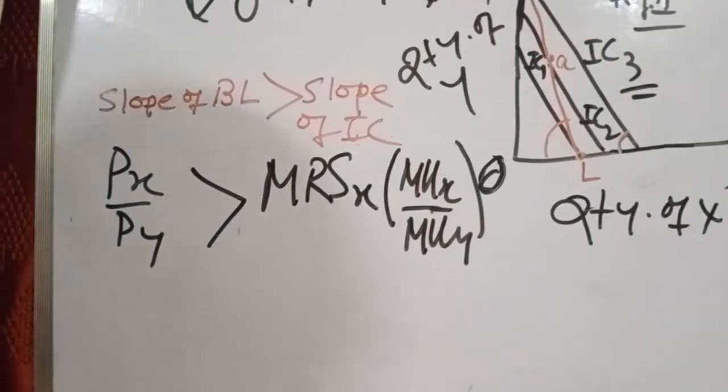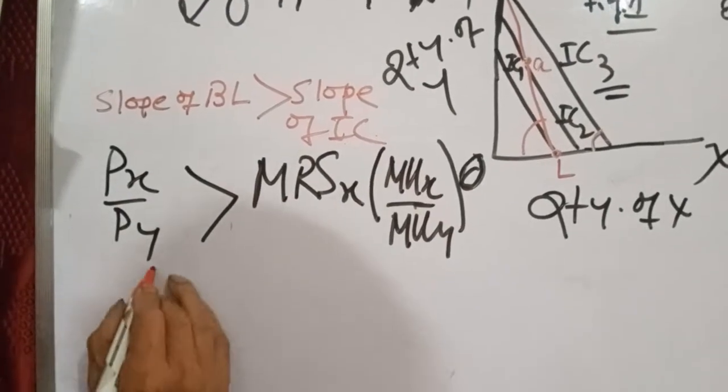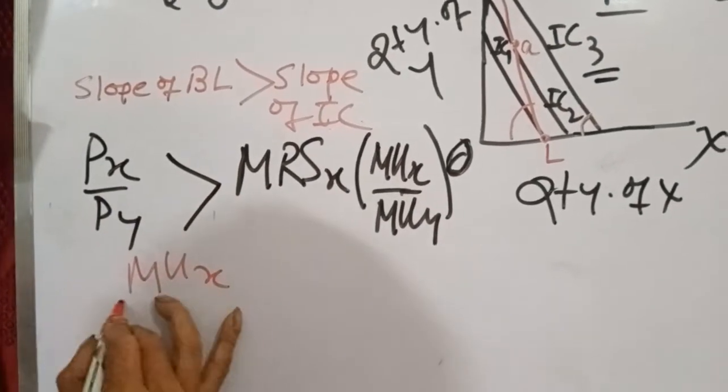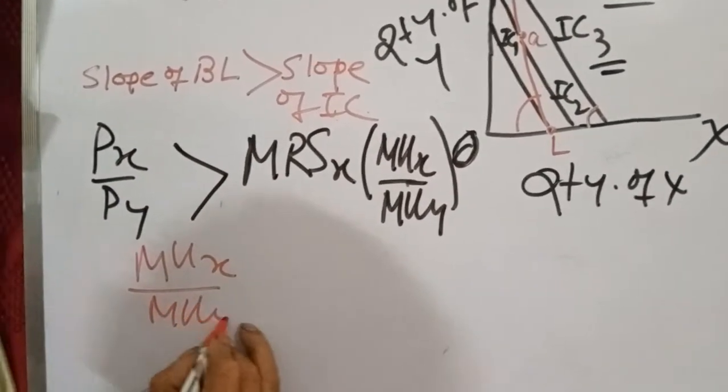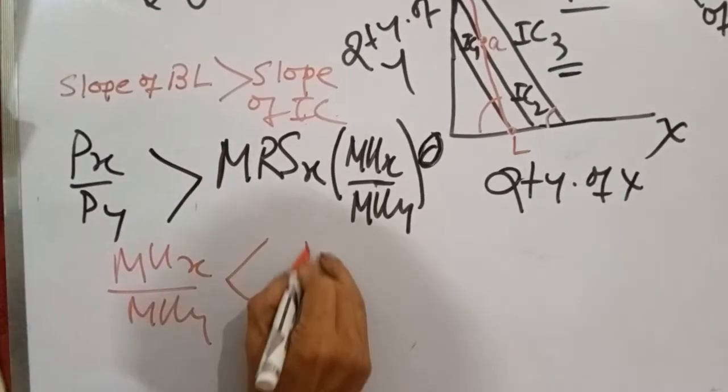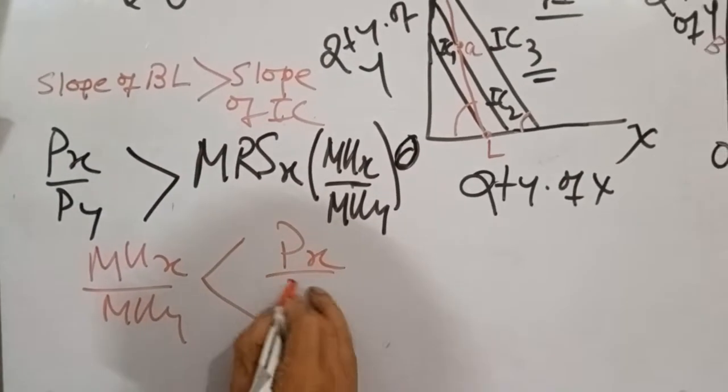This means MUX by MUY is less than Px by Py.